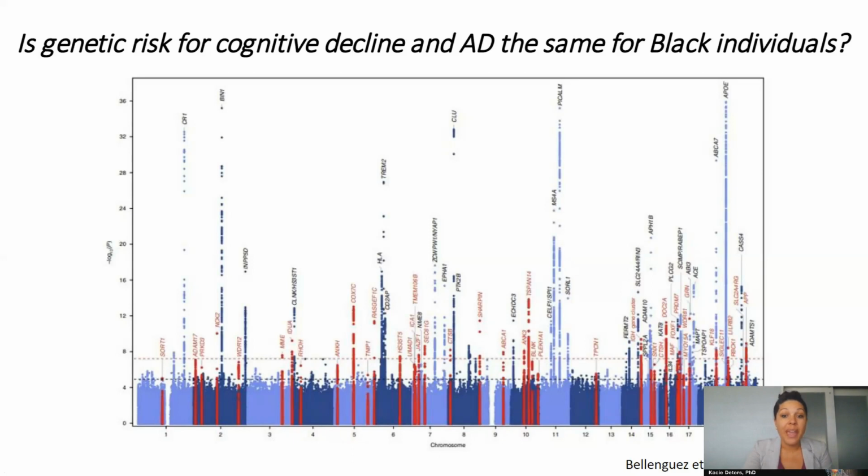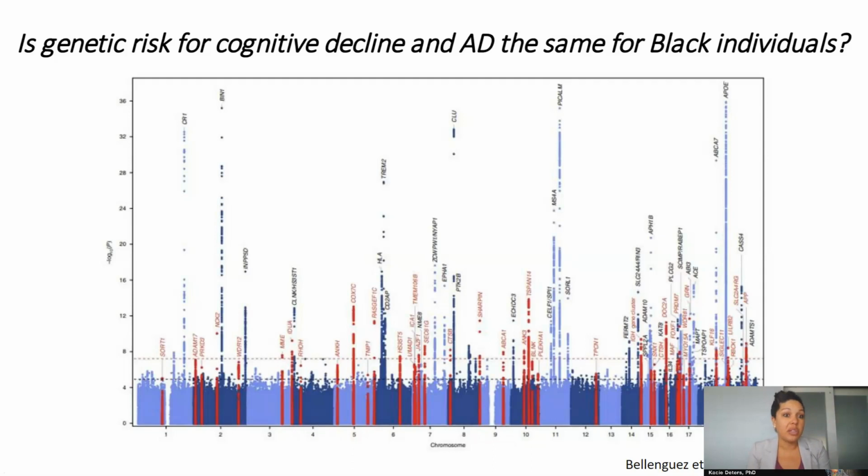On the x-axis, or the bottom row, you have the chromosomes, and on the y-axis, you have significance. If you look at the dots at the top that look like the skyscrapers or peaks of the Manhattan skyline, these are genetic variants that were significant in the analysis.